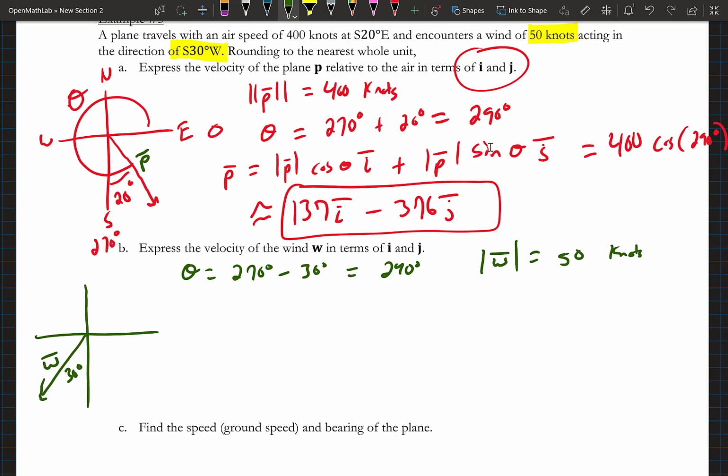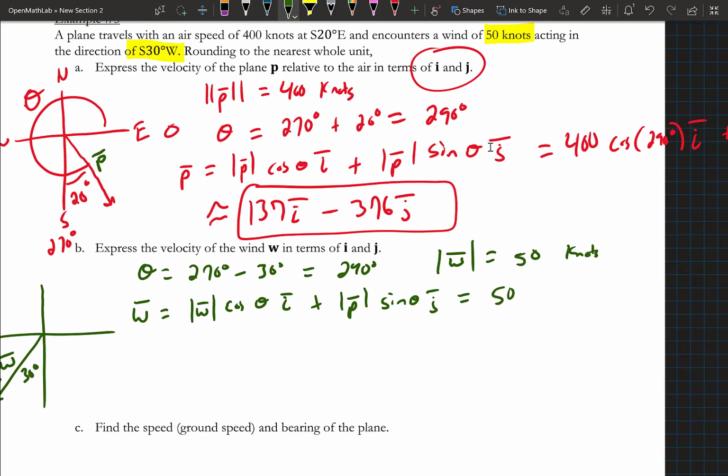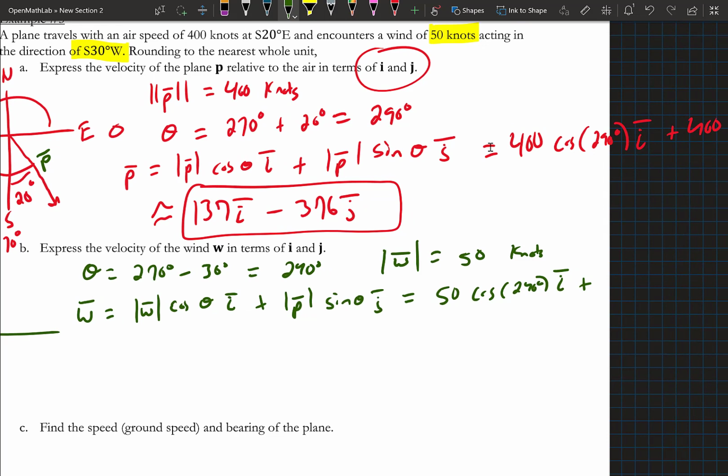So then now what we would have is that vector w equals the magnitude of vector w times cosine of theta times vector i plus the magnitude of vector w times sine of theta times vector j. So this would be equal to 50 times cosine of 240 times i plus, whoops, I wrote p here, that should be w. Right?